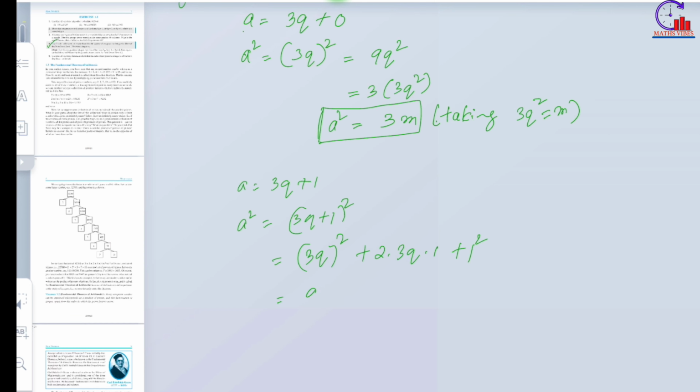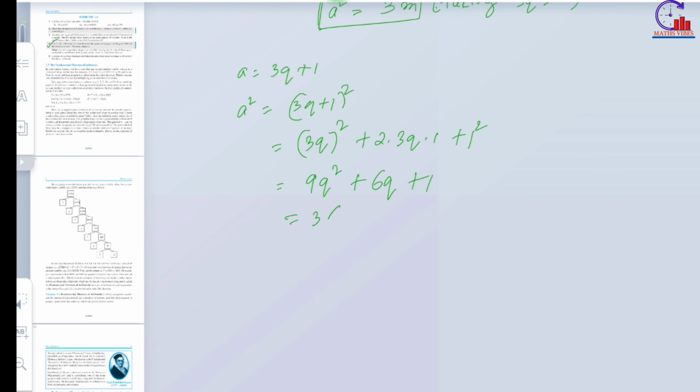So now this is equal to 9q square plus 6q plus 1. Here taking 3 as common, so 3 into 3q square plus 2q, plus 1. So this is equal to 3m plus 1. Here I am taking 3q square plus 2q is equal to m.